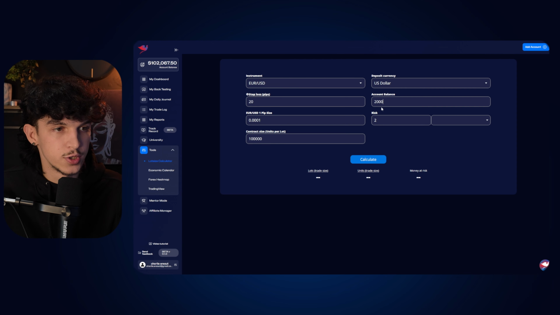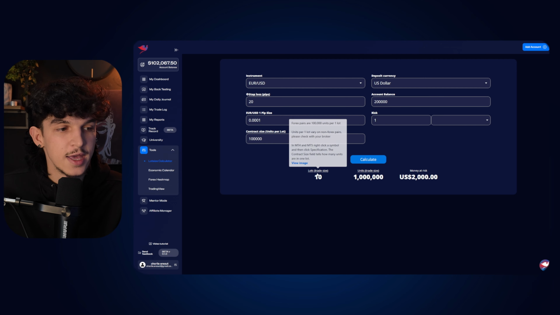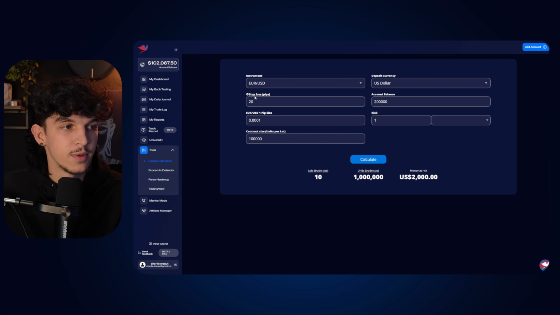Maybe we have a $1,000 account. We want to risk 1%. Okay. And then we calculate this. So now our lot size is 10. So this just gives us the 10 lot size if our stop loss is this, and it will give us the money at risk, etc. Really useful tool just for seeing quickly what correct lot size to use.